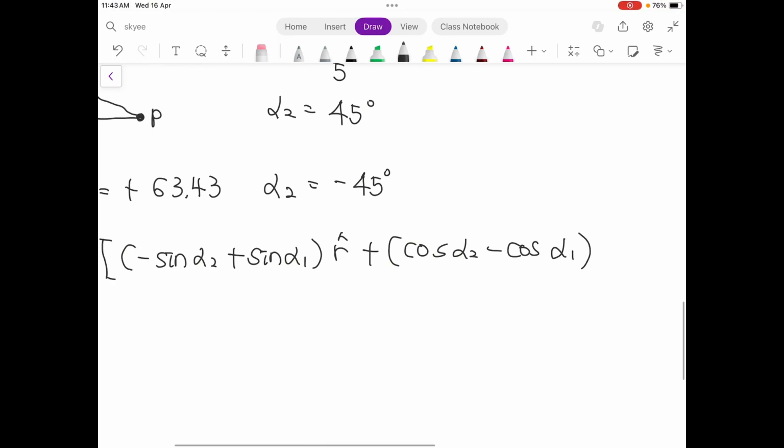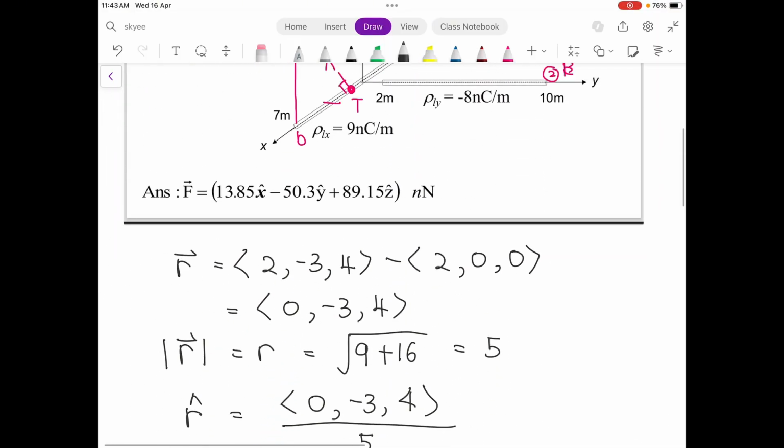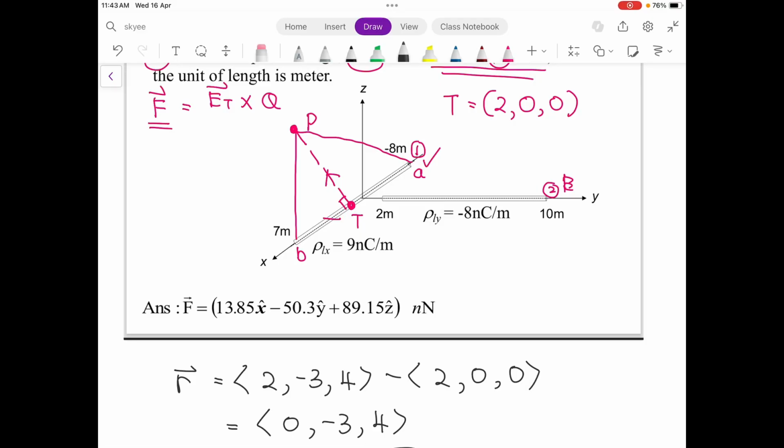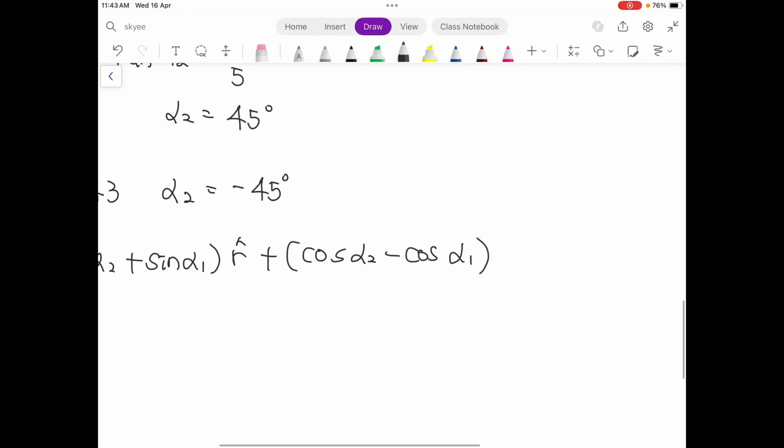In this case, let's look at the axis along which we have our line charge. The line charge is located along the X axis, so this is going to be X, right?